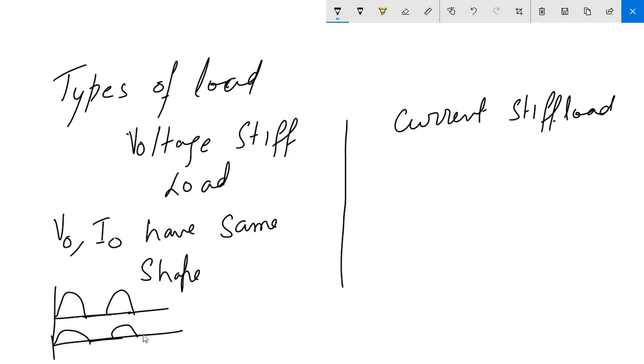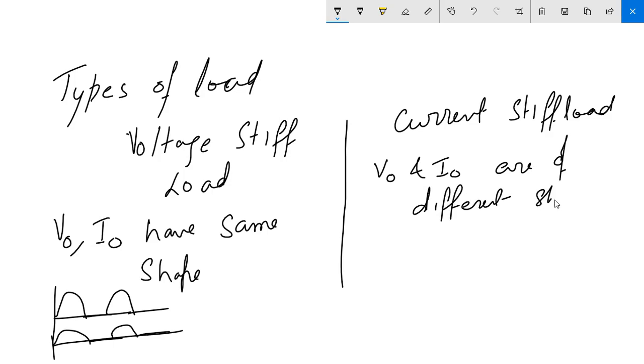If these two shapes are the same, it is called a voltage stiff load. If V naught and I naught are of different shape, then we can say that it is a current stiff load.